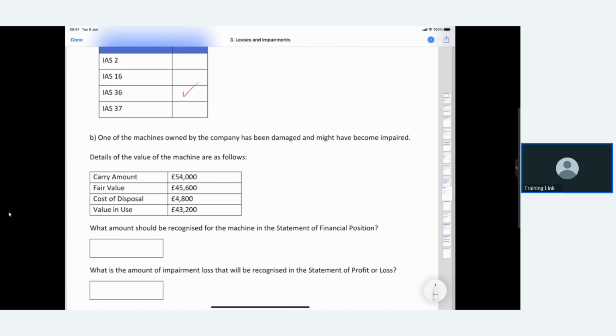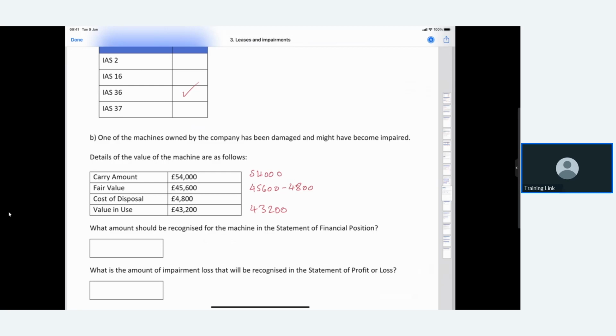So firstly, we do the fair value minus cost of disposal. And we've also got the value in use of 43,200. And then the current carrying amount is 54,000.